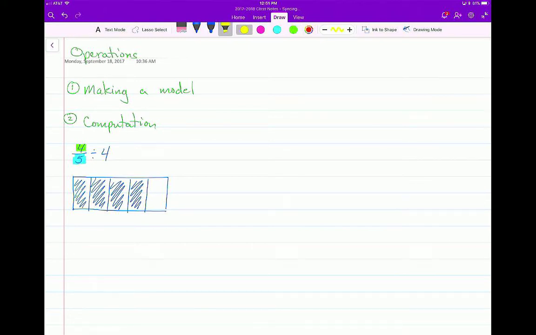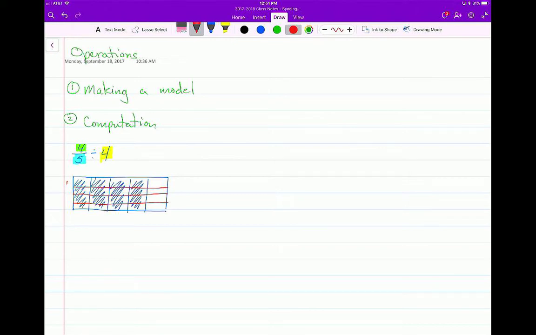Finally, to complete my model, I'm going to take a look at my whole number. And in this case, my whole number tells me that I'm going to divide those fifths, and not just the 4 that I have, but also the fifth one that I do not have remaining anymore, by 4. That will give me 4 rows going across.